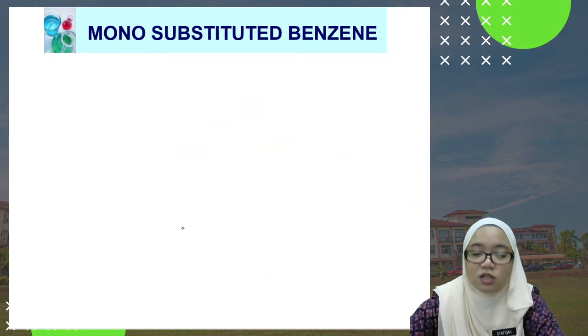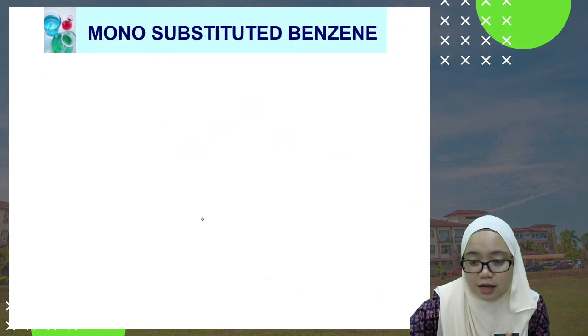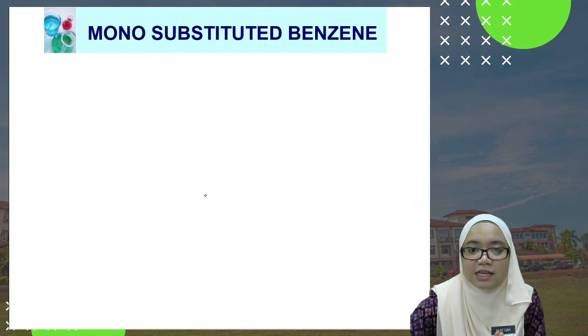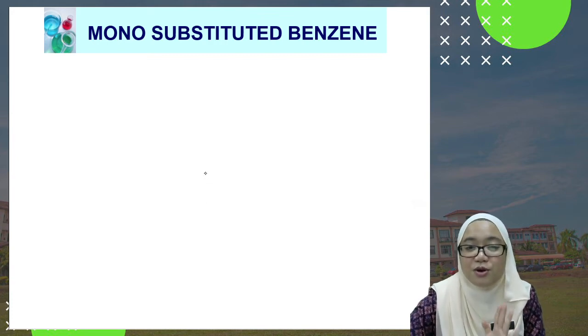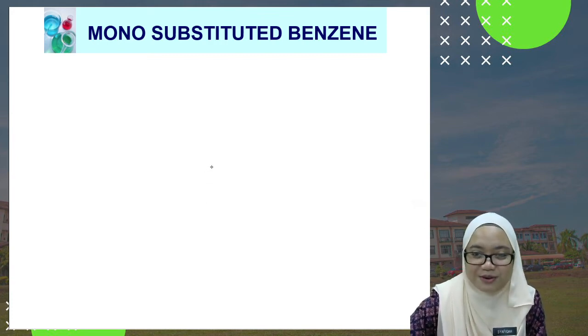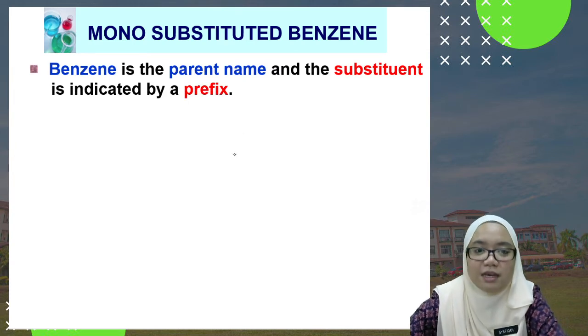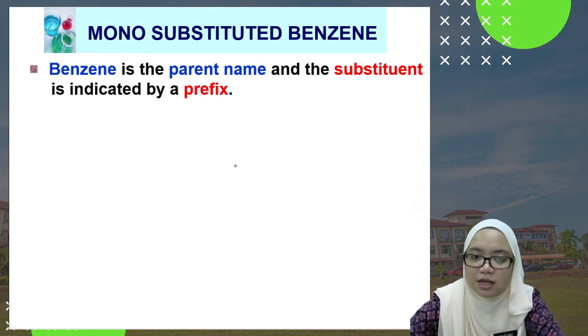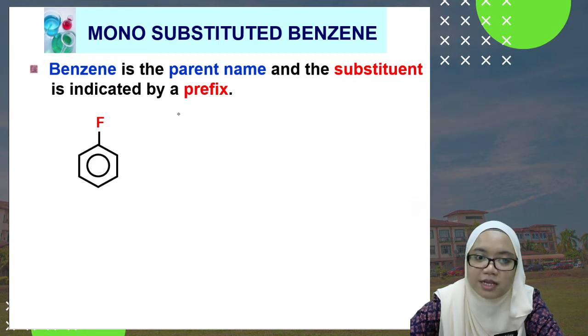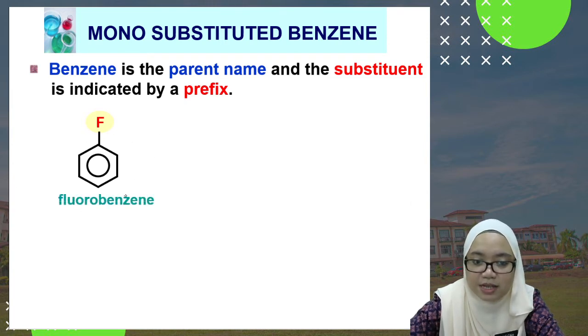Okay, so let's look at the monosubstituted benzene. A monosubstituted benzene is a benzene that has one substituent. When there is one substituent, benzene is the parent name, and the substituent is indicated by a prefix. So here we have fluorine as a substituent and the benzene ring as the parent, so the name is fluorobenzene.